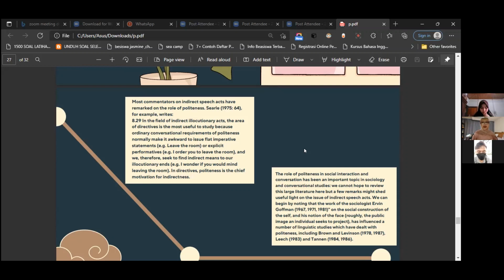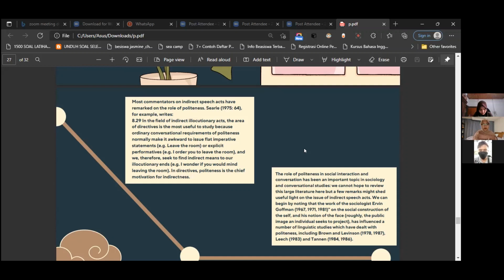We can begin by noting that the work of the sociologist Erving Goffman on the social construction of the self, and his notion of the face, roughly the public image an individual seeks to project, has influenced a number of linguistic studies which have dealt with politeness, including Brown and Levinson, and many others.